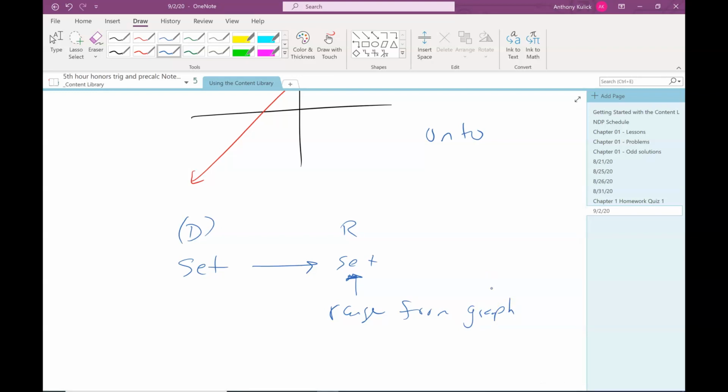We're not necessarily saying, oh, I'm mapping from the reals to reals, and then the range for this is like 2 to positive infinity, so it wouldn't be onto. We just don't do that in this kind of a class. If you took an abstract algebra class or something as a college student, that would be something you would be much more specific about. But it's kind of beyond the scope of what we're really needing to deal with here.